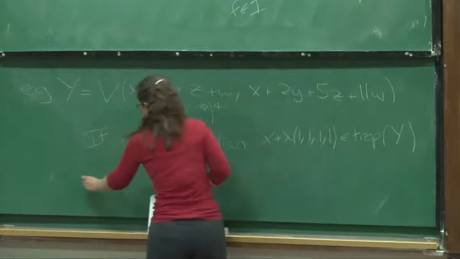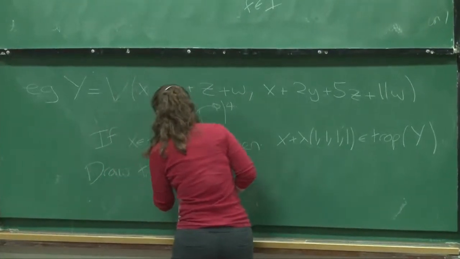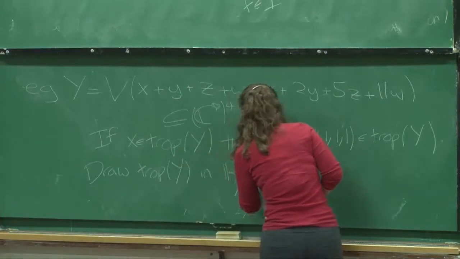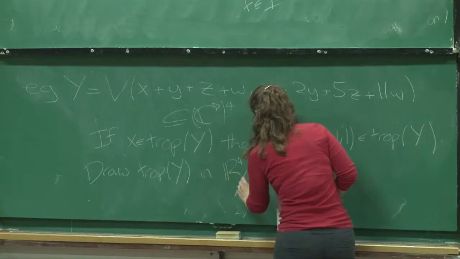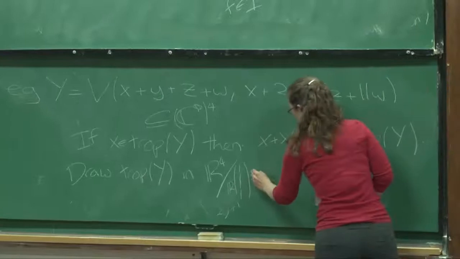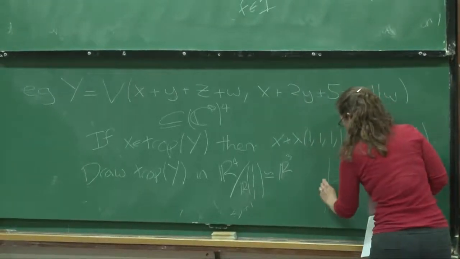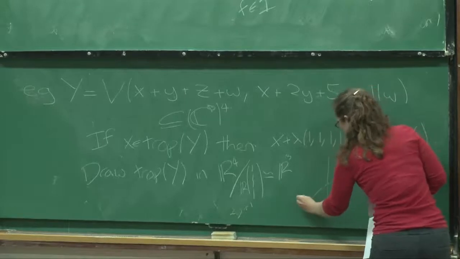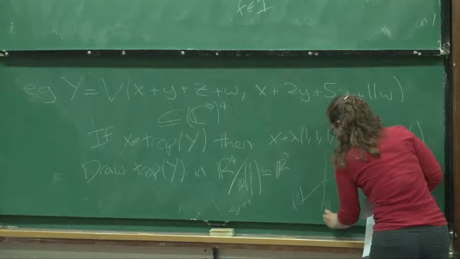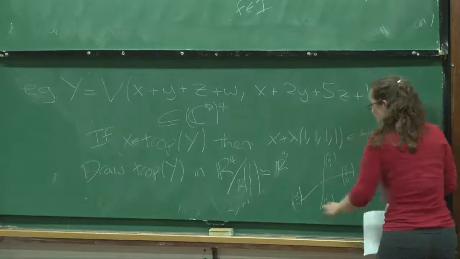So we'll draw trop Y in R to the fourth mod the all ones vector. That looks like R to the 3, R cubed. And in that case, it's going to be just, I take the positive vectors, (1, 0, 0), (0, 1, 0), (0, 0, 1), and then this is the all negative (-1, -1, -1).